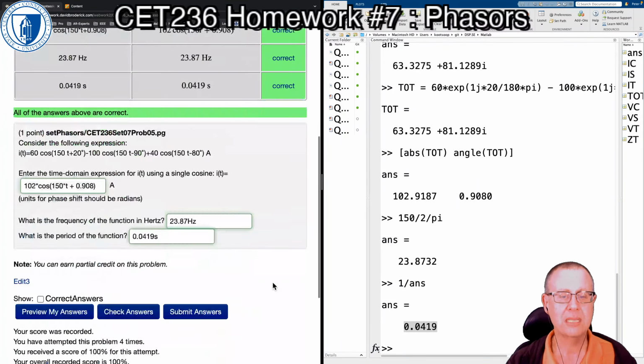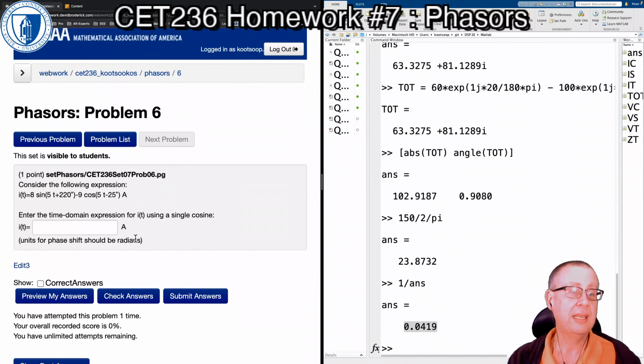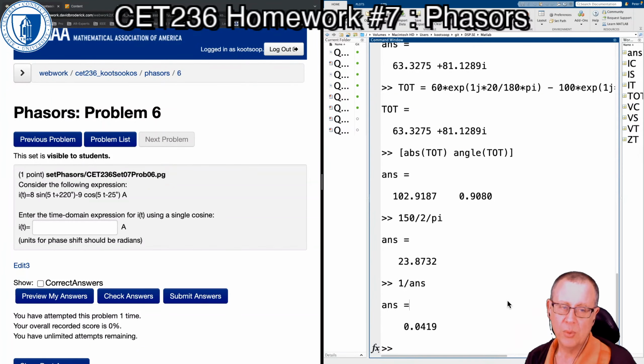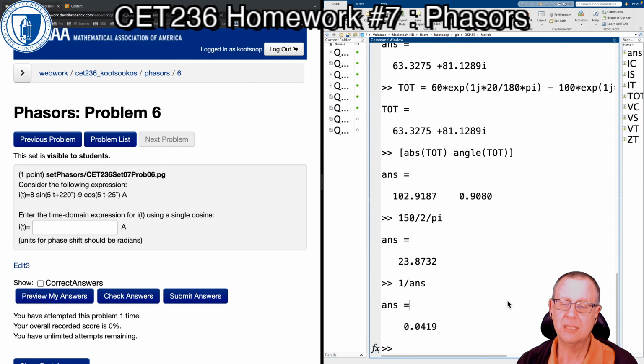Okay, that's problem 5. I think problem 6 is the last one. And again, we've got phasors, and we just want to add 8. Now, this one's tricky because we've got a sine wave, not a cosine wave, right? So we need to.